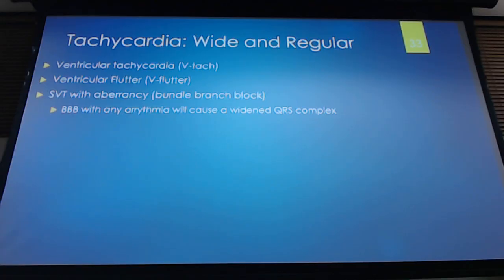Anything that has a bundle branch block in and of itself causes a wide QRS complex. So if you have SVT, you're going to have a fast rate, and it's going to be wide because they have a bundle branch block. We have a specific lecture on bundle branch blocks, so we're not going to focus on that today, but anytime we have a bundle branch block, it's going to cause a wide QRS complex.